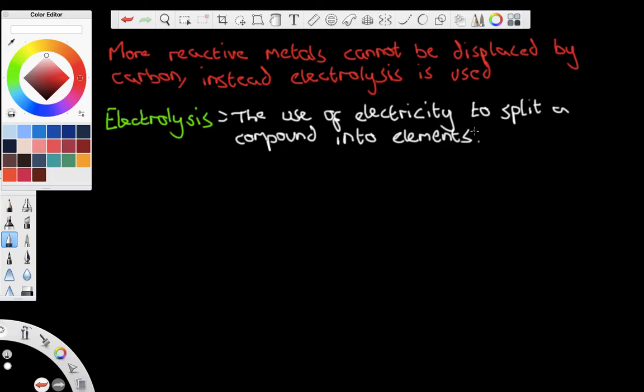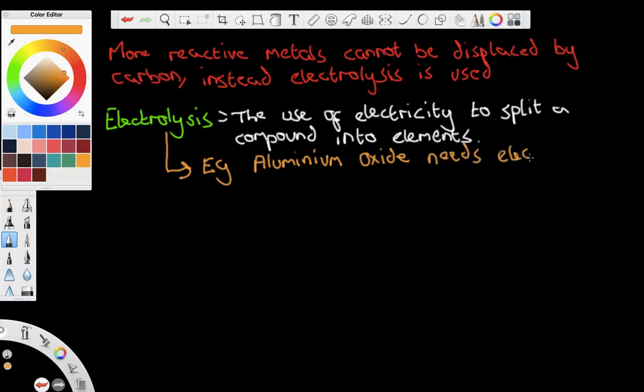We can say underneath here, e.g., aluminium oxide needs electrolysis to extract aluminium.